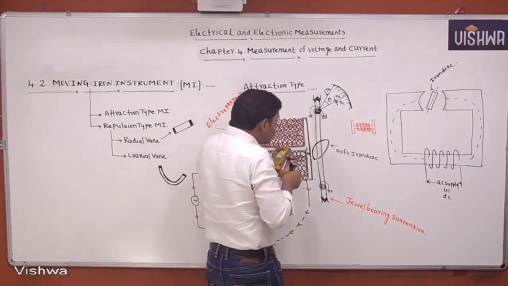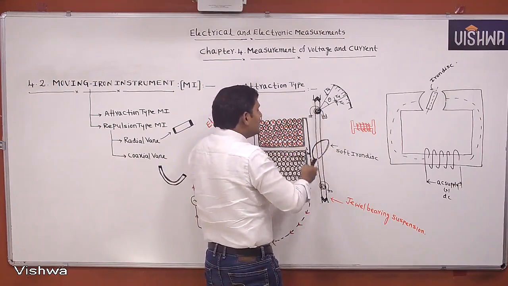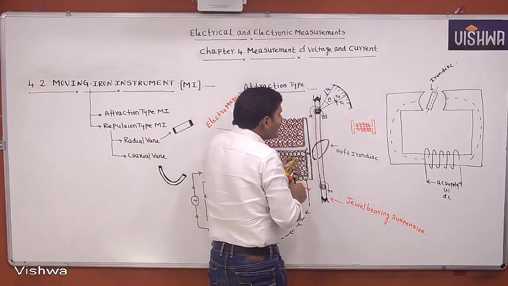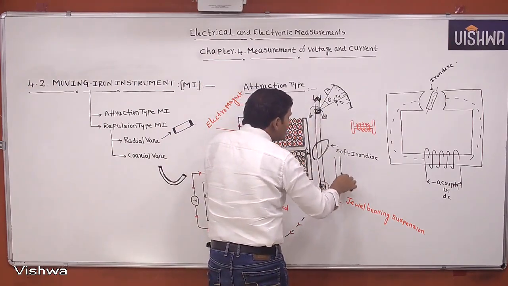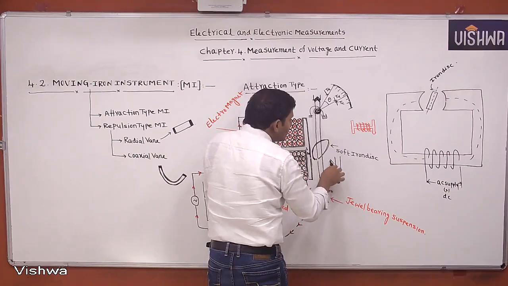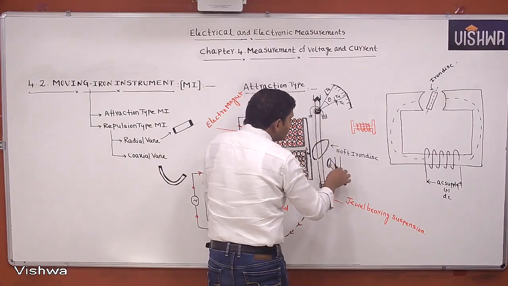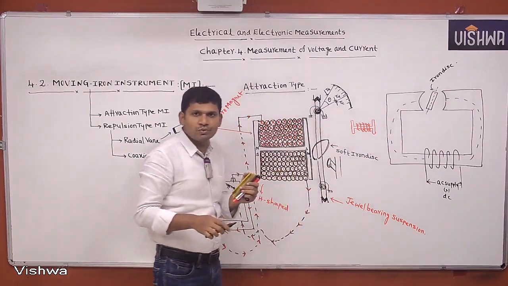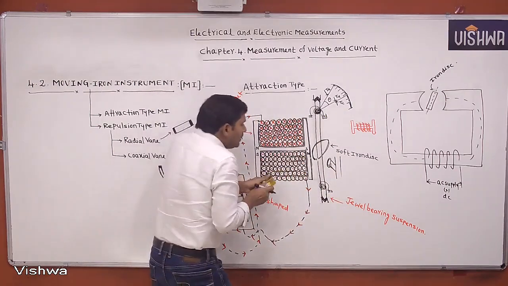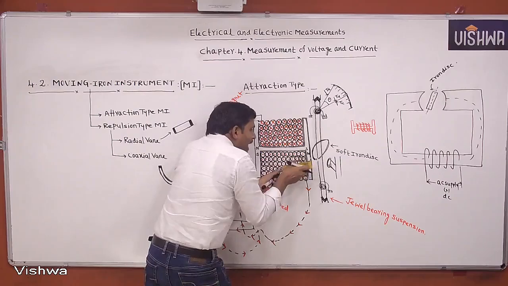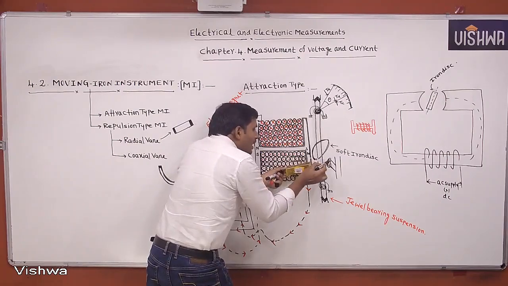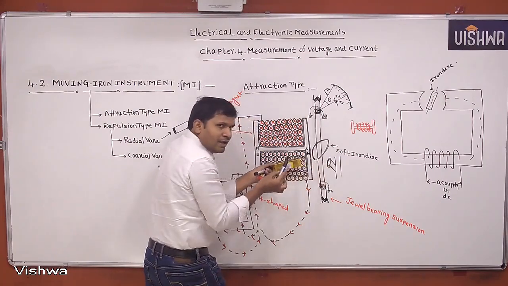But actually, this is the spindle. Practically the arrangement is like this. The iron disc is fixed to the spindle. The electromagnet is producing attraction force, but the iron disc is fixed to the spindle.